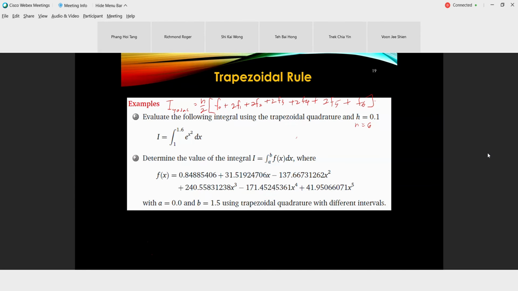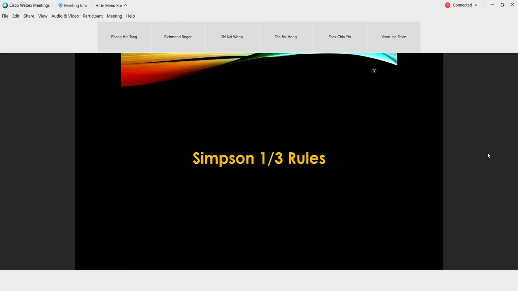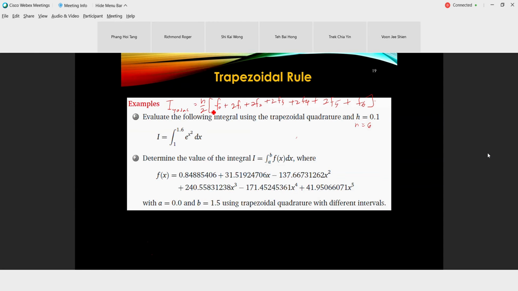Okay, so now I have already written all the equation for the complete I total. What do we need to do to insert all the values? What is F0? What is F1? How can we determine the F0 value? F is the function. Our function is e power of x squared.